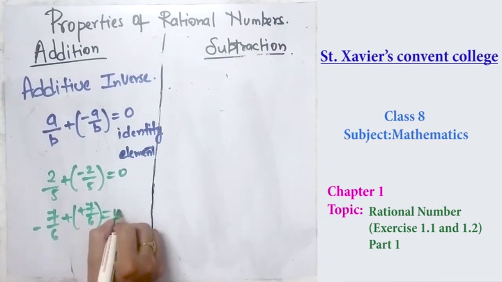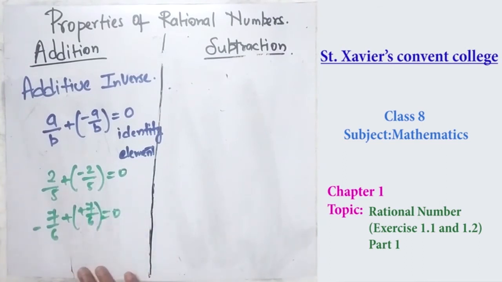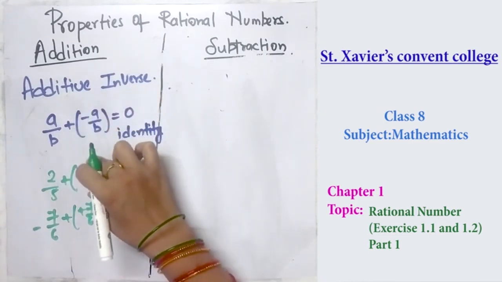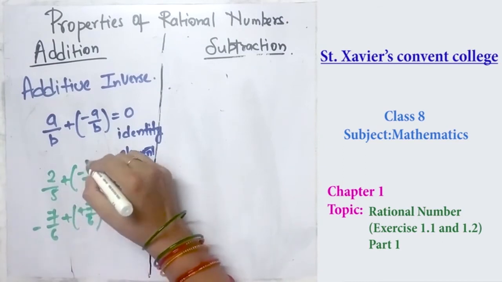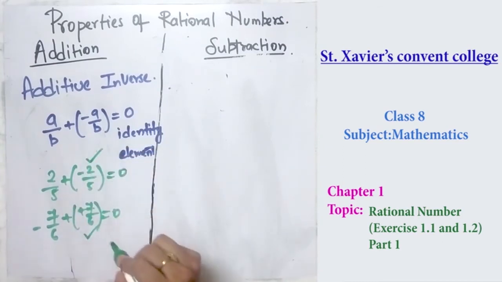You get 0. This is the way you find the additive inverse. These ones in the brackets, minus 2 upon 5 and plus 7 upon 6, are the additive inverses, because you have taken one of your own, added it to the given number, and you get 0 as the identity element.